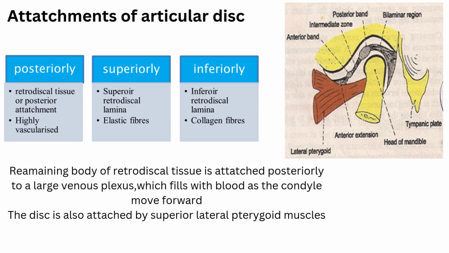Posteriorly, there is the retrodiscal tissue or posterior attachment. Superiorly it's the superior retrodiscal lamina, and inferiorly it's the inferior retrodiscal lamina. The remaining body of the retrodiscal tissue is attached posteriorly to a large venous plexus, which fills with blood as the condyle moves forward. The disc is also attached by the superior lateral pterygoid muscle.